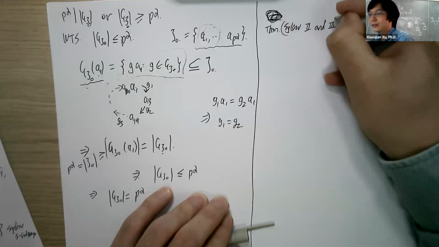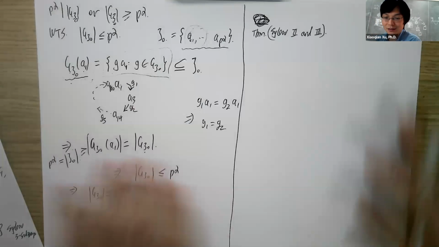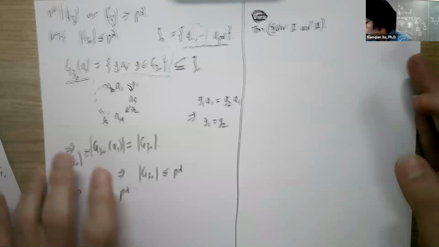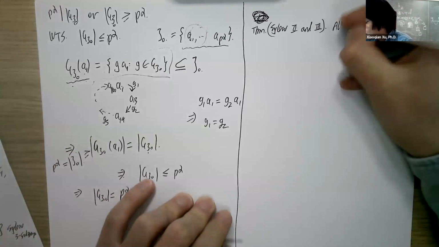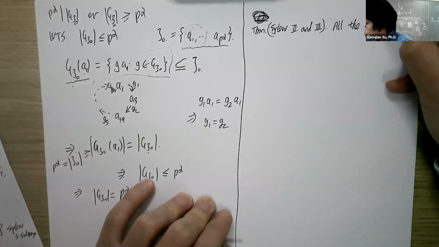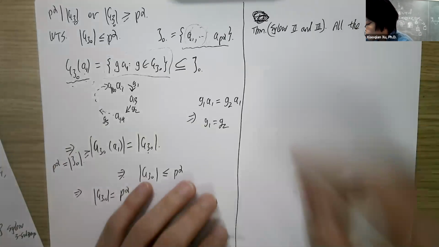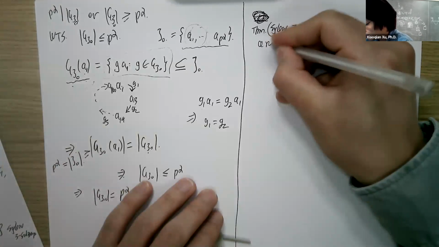This is really something very practical. That is, all the Sylow p groups are conjugate to each other.